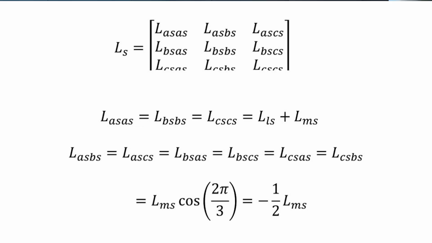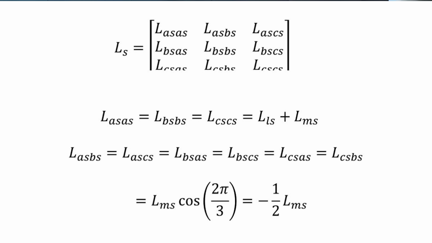The stator inductance matrix consists of the self-inductance of each stator winding on the diagonals and the mutual inductance between the stator windings as non-diagonal elements. Here, the stator self-inductances LAS,AS, LBS,BS, LCS,CS are equal to LLS plus LMS, and the mutual inductances LAS,BS, LAS,CS, LBS,AS, LBS,CS, LCS,AS and LCS,BS are equal to minus half LMS.